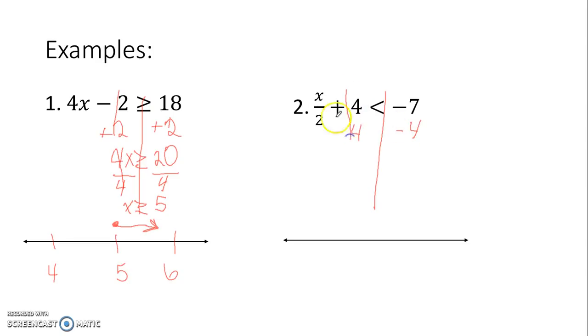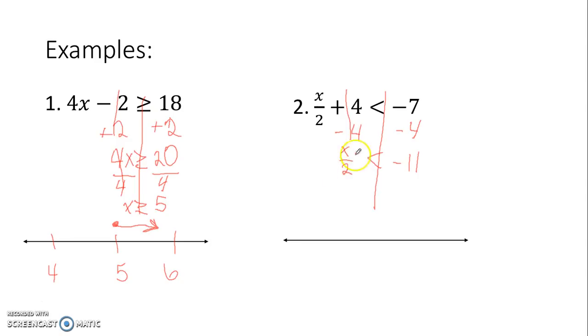These cancel out, and that just leaves us with x over 2. Bring down the sign exactly how it is. We have negative 7 minus 4. Remember, negative 7 minus 4, we have to keep change opposite. Negative 7 plus negative 4. So negative 7 plus negative 4 is negative 11.